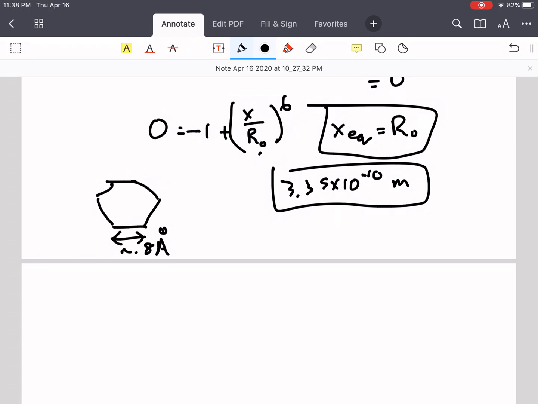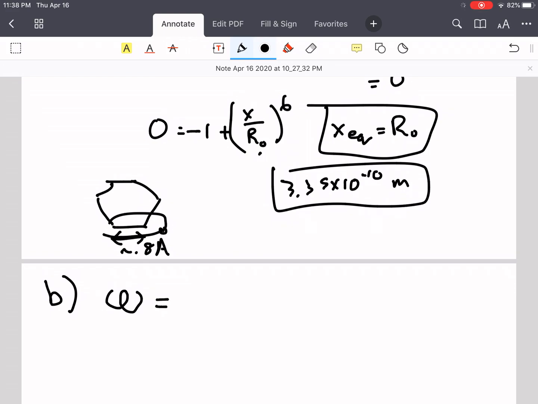And that's saying that this is a very strong bond, so it's a very short bond. These are very loose bonds, and therefore they're very long and very easy to pull apart. So there we go. We have the equilibrium position of this carbon atom within the van der Waals potential. And the very, very important second question is, what is the angular frequency of small oscillations?